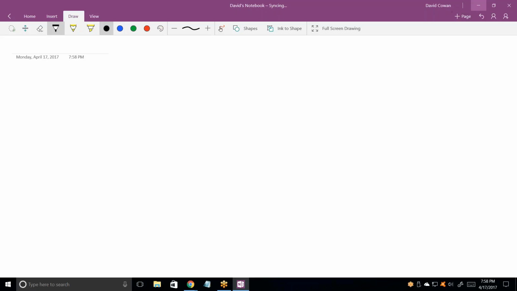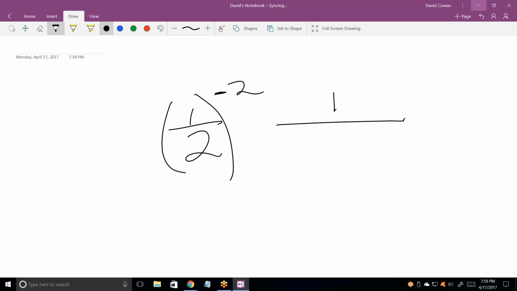Now, if I wanted to make it a little harder, what's this? And I need parentheses, because I want that minus 2 to operate on that whole thing. So first of all, how would I write it using a positive exponent? 1 over 1/2 to the positive 2.